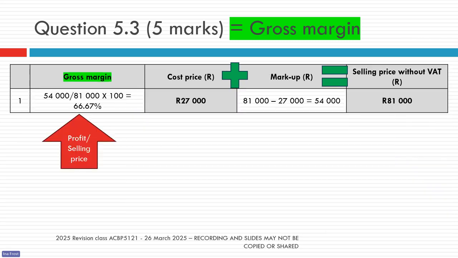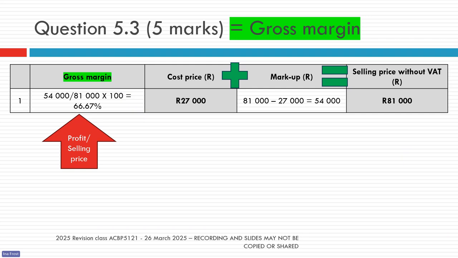Okay, in the next one, we wanted the student to work out the gross margin percentage. And remember, a gross margin percentage is profit over selling price. We gave the student the selling price already, so the only thing they had to do was work out the profit.